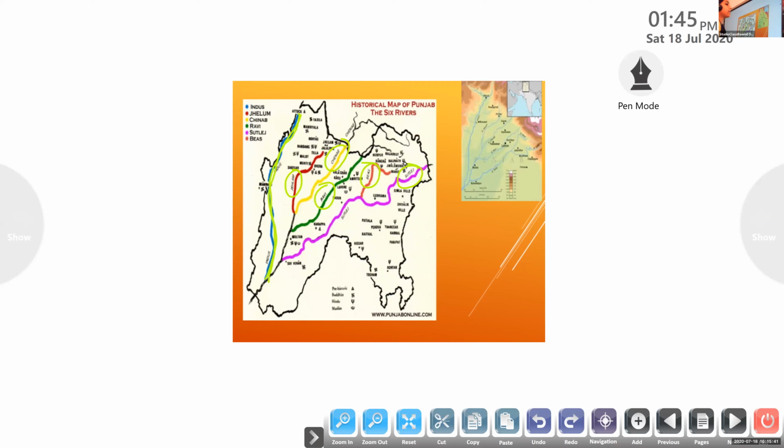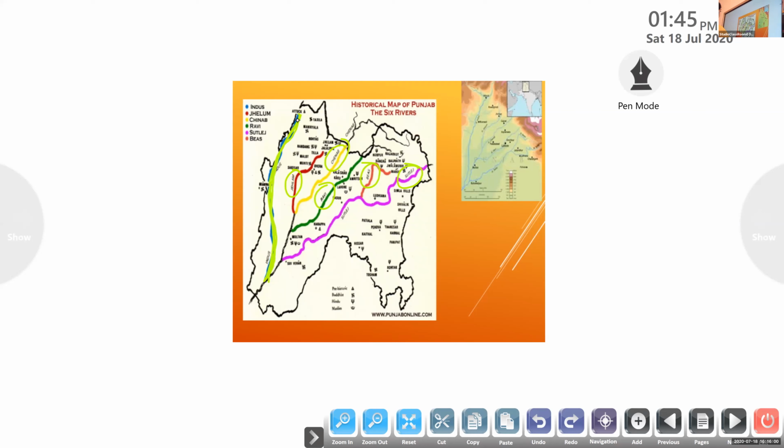Five tributaries are there for the river Indus. This is the river Indus. These five rivers join with the Indus here.